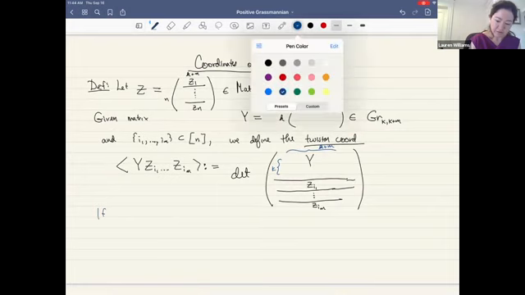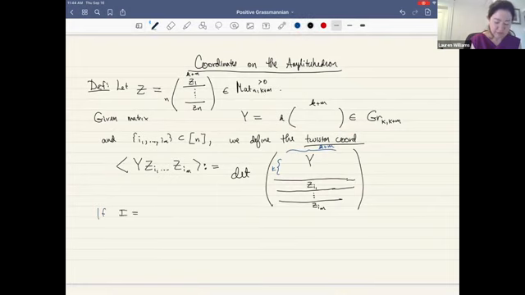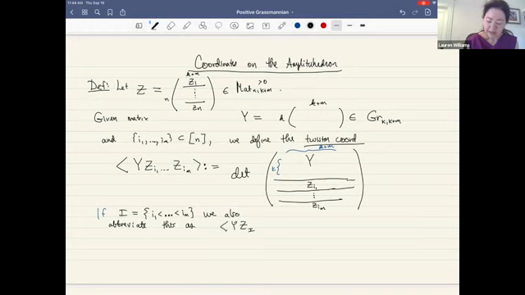Sometimes I will abbreviate things, and if I is taken to be a list of numbers written in order, then we also abbreviate this as just Y⟨Z_I⟩. So these are coordinates that we can look at on elements of this Grassmannian of k-planes in k+m space.